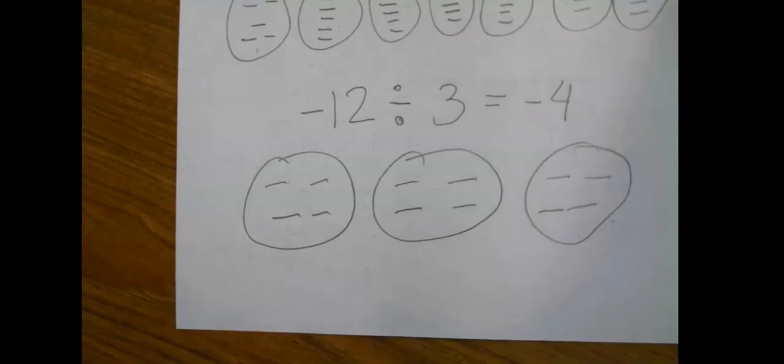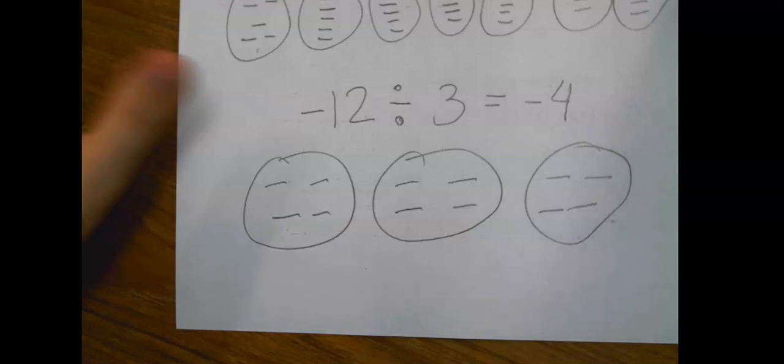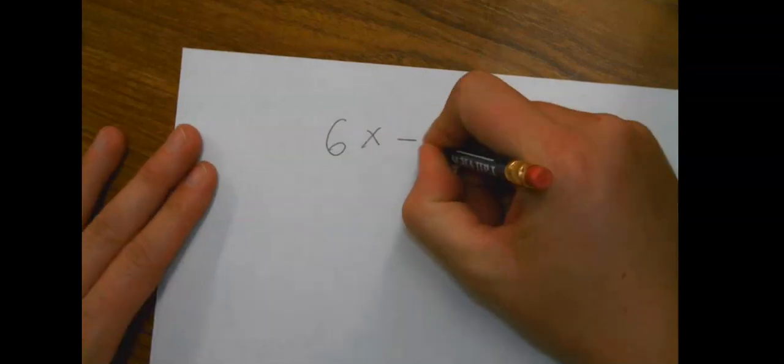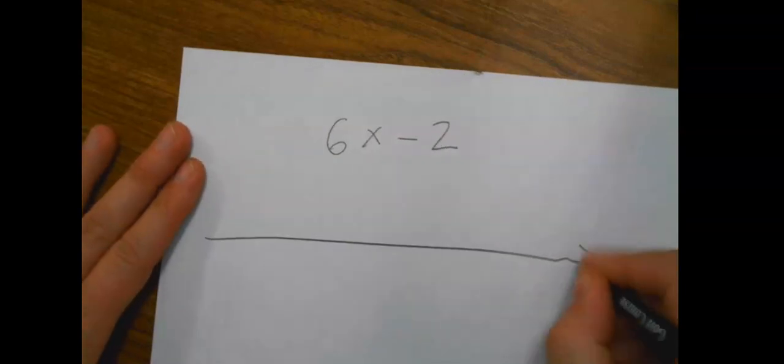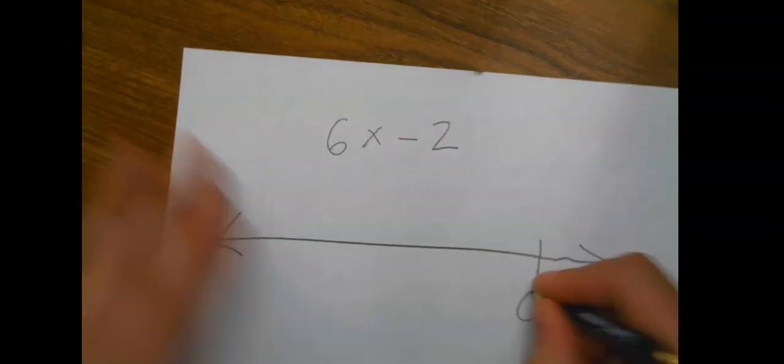One final model that I wanted to show you is the number line model. So if I have something like 6 times -2, I start at 0.